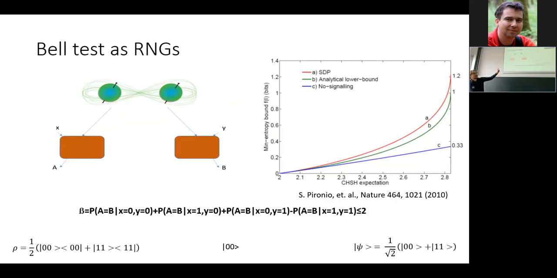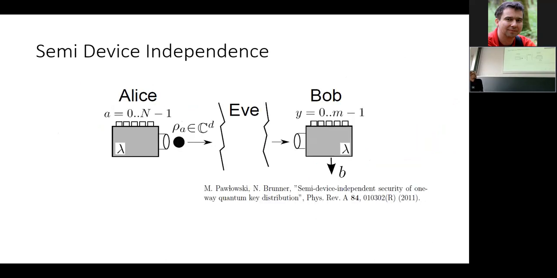So the problem with this is that it is very expensive to build. So with friends, we came up with this idea of semi-device independence. We just add an additional assumption to make the experiment easier. Now we have Alice sending some signals, single photons, and by making some small assumption about Alice's device, we can provide security.